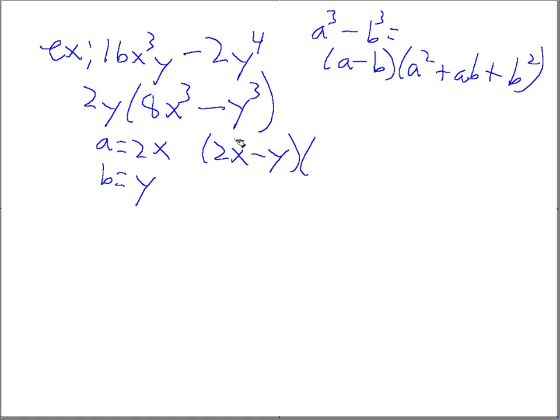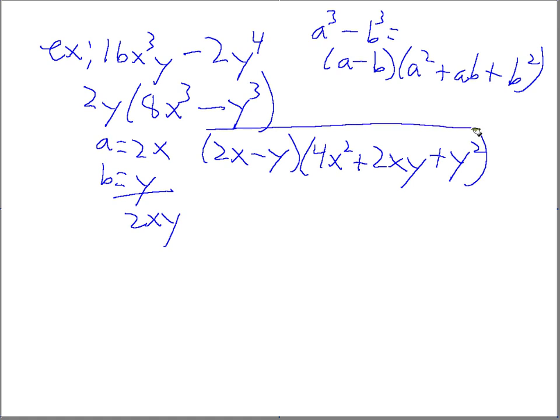So a minus b, that's 2x minus y. A squared, my a is 2x, so this will be 4x squared once again. Plus ab, so let's multiply a and b together. That's just 2xy. So plus 2xy, and then plus b squared is just y squared. All right, so there we have it. Well, actually, I shouldn't circle that, because that's just part of the answer.